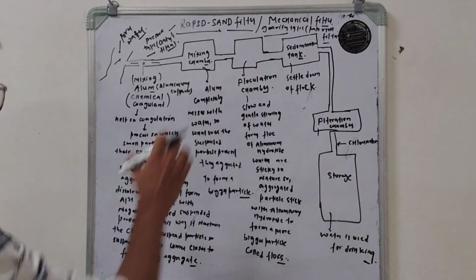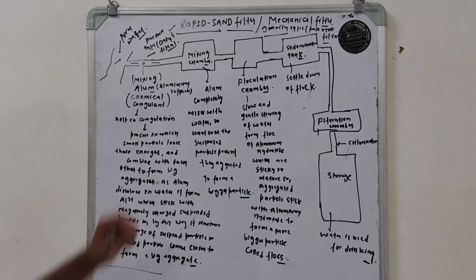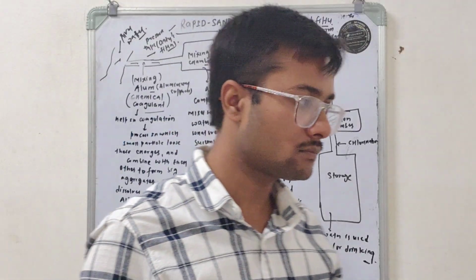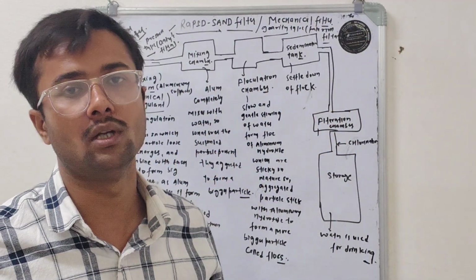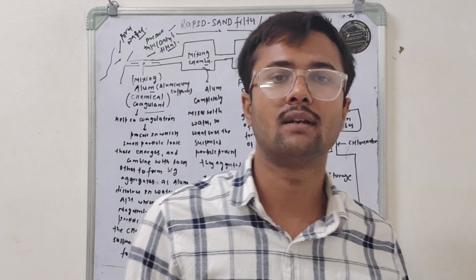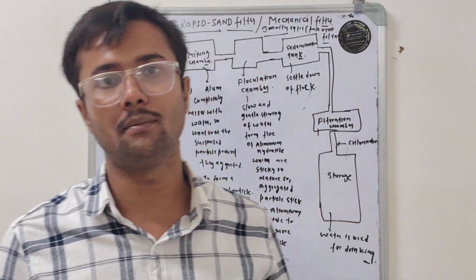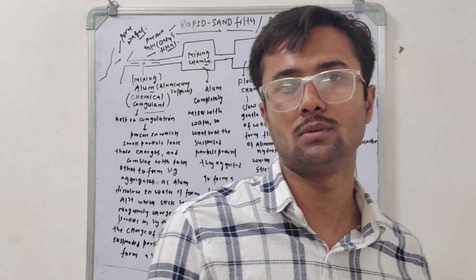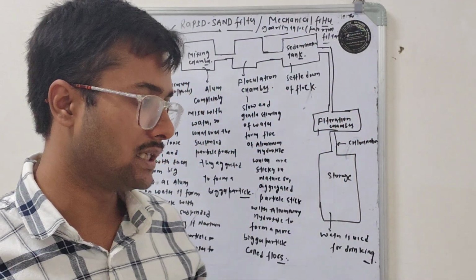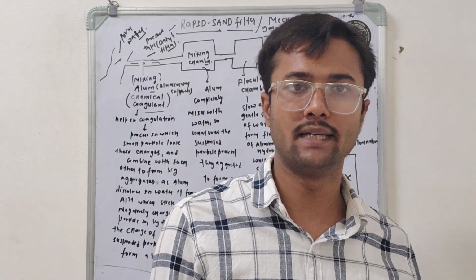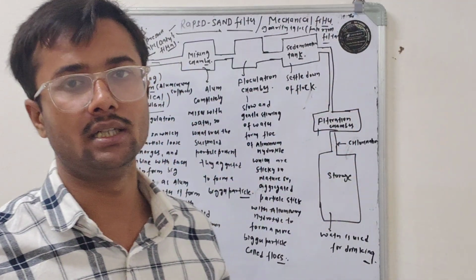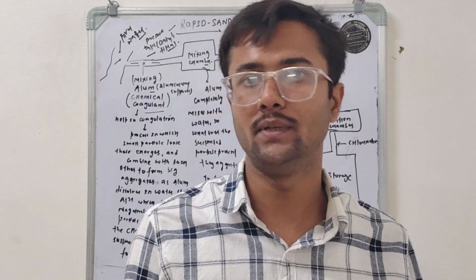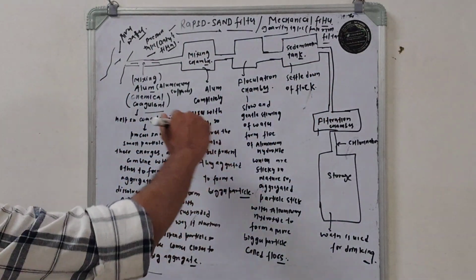This is called a chemical coagulant. When smaller particles neutralize their charges and form bigger particles, the process is called coagulation, and the agent responsible is the coagulating agent. So here alum acts as a coagulating agent, which neutralizes the negative charges of small suspended particles and forms bigger aggregates.